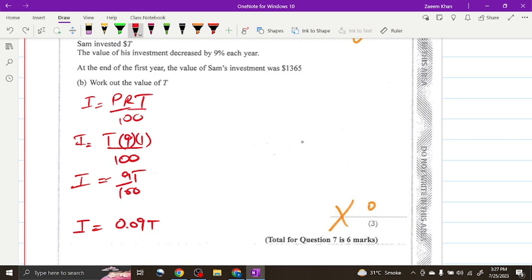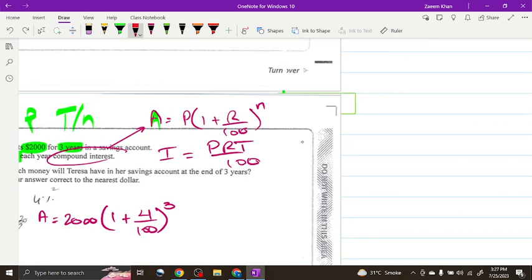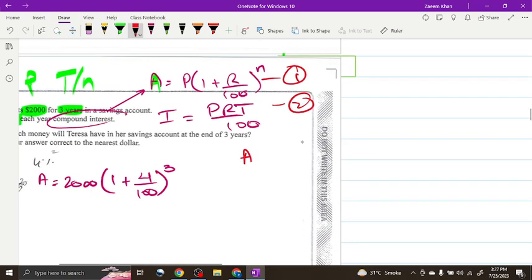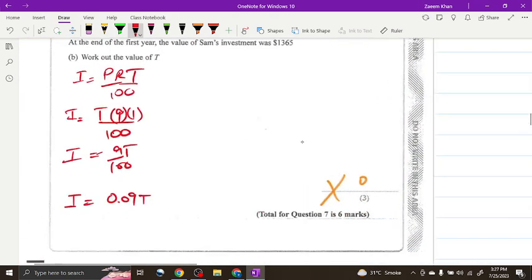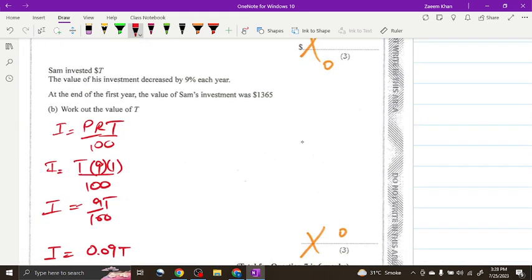Not too sure. We've only got 3 formulas, Rida. This is formula number 1, this is formula number 2, and the third one that we have is amount is equal to principal plus interest. That's it. So it can't be compound interest because it's not a compound interest question.